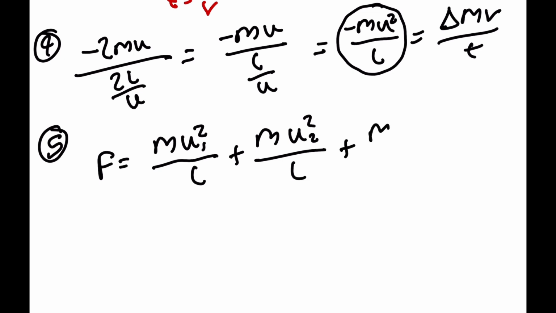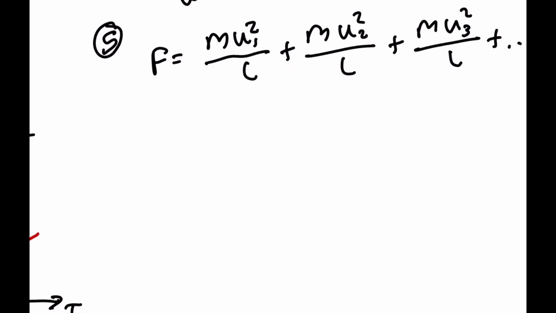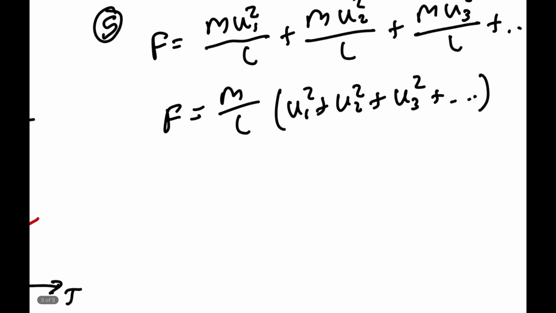So we can carry on for all the particles. And this is equal to the force of all particles. We can just rewrite this equation as force is equal to m over L, take out the m over L, and then we'll have u1 squared plus u2 squared plus u3 squared, and just carry on inside the brackets.